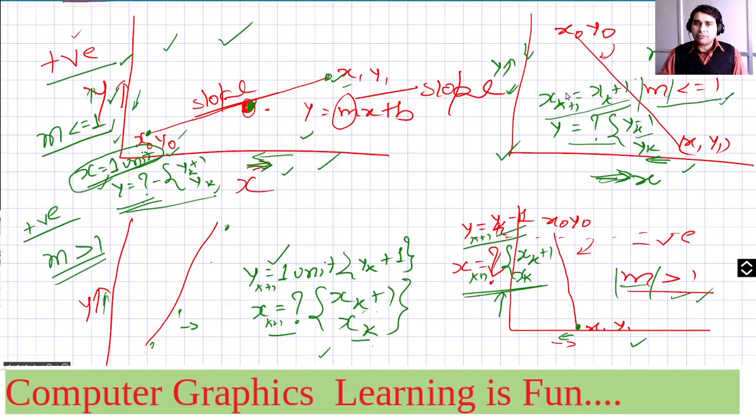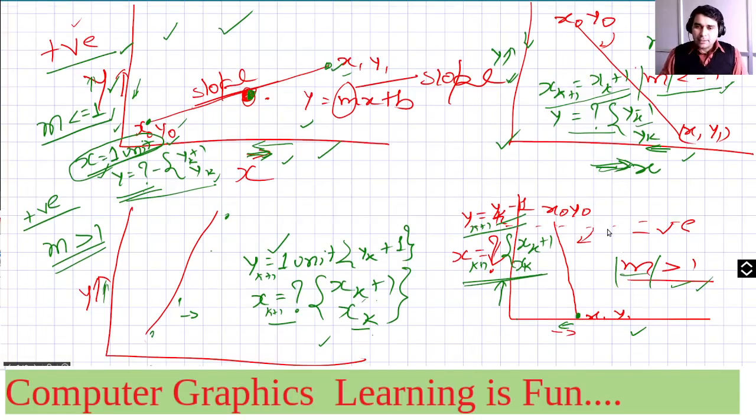Similarly here, what will happen? You were incrementing x always and trying to find the value of y, whether it is decreasing or not. So if you are going from this direction, you will keep on decreasing the value of x and trying to find whether the value of y increases or not. Okay. Here in this case, the m value is greater than 1.